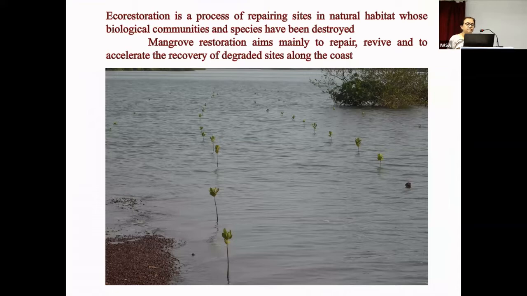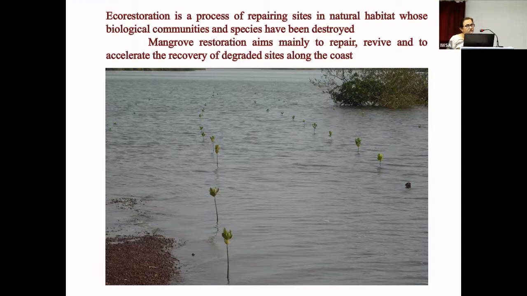Eco-restoration is a very important process of repairing the natural habitats where the biological communities and species have been destroyed. Though it is an ecological aspect, we need to practice it very carefully.